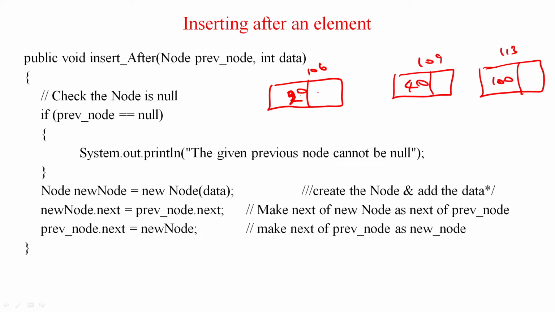So 106 holds 109, so this link is created to 109. Then 113 is written here, so automatically this link is created. The next field of the last node is null. Here the head is this one, with address 109, and the tail is 113, denoted here.